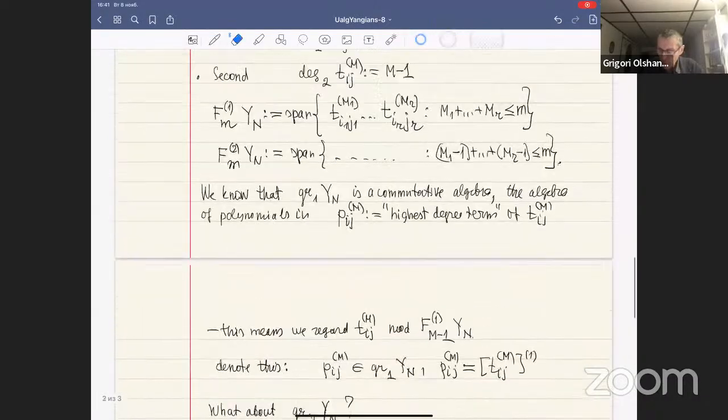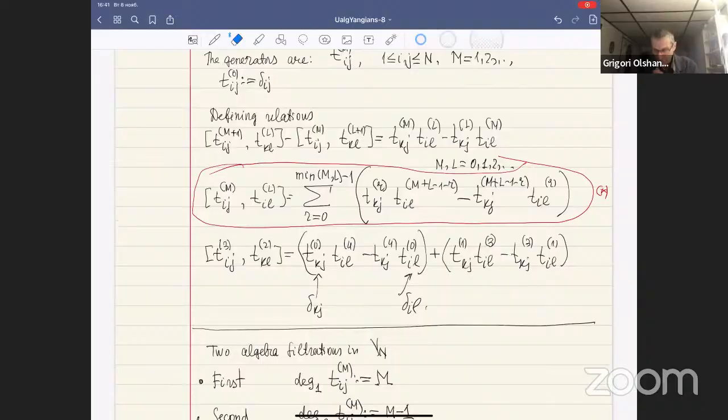And what happens with this term? Here the degree is m plus L minus 3 in general.